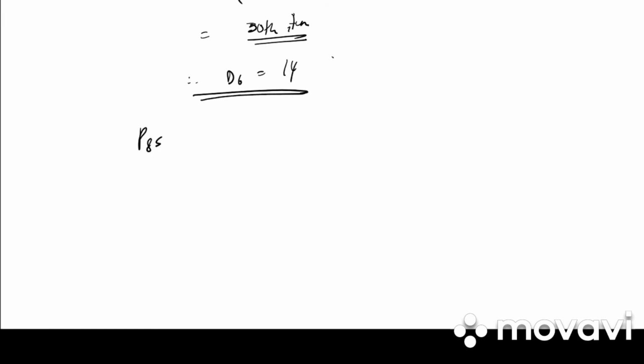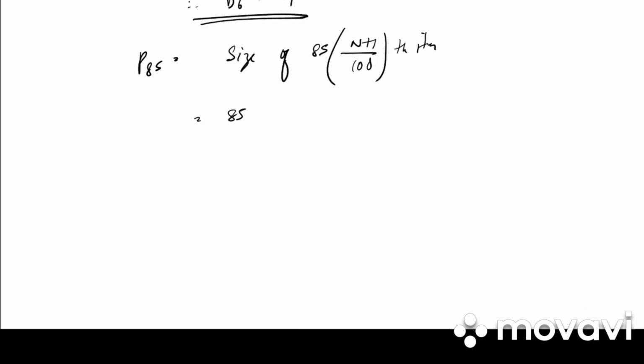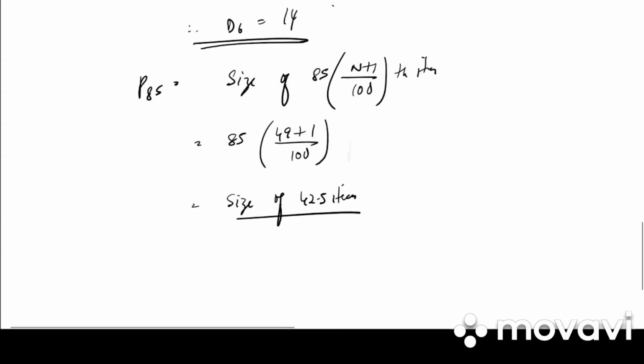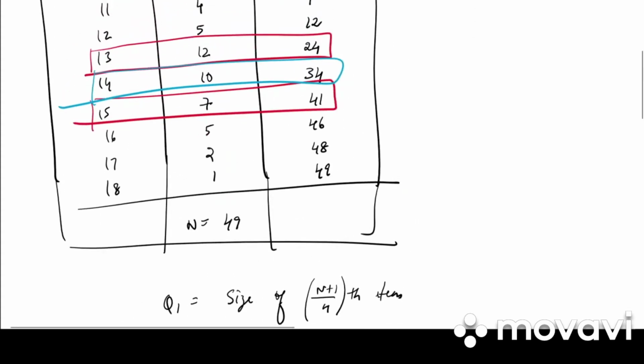Last we need to find P85. Size of 85 into n plus 1 by 100th item. So it is 85 into 49 plus 1 divided by 100. So 50 divided by 100, so it is size of 42.5th item. Go to the cumulative frequency.